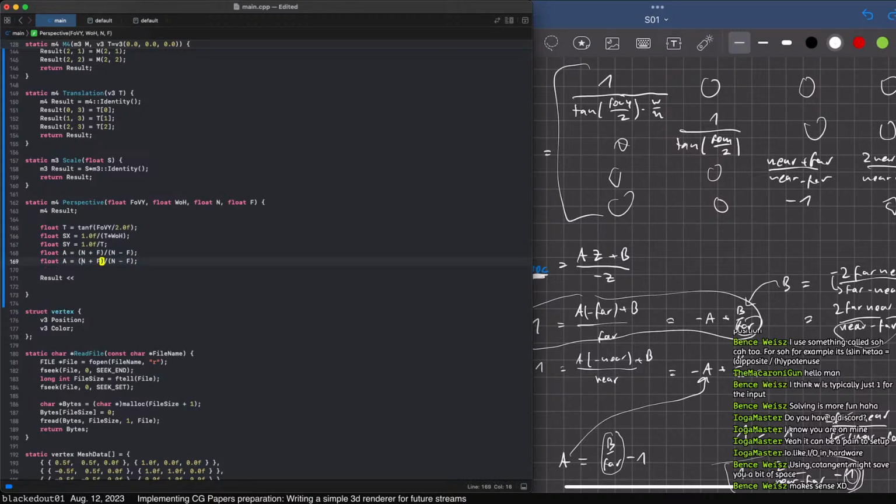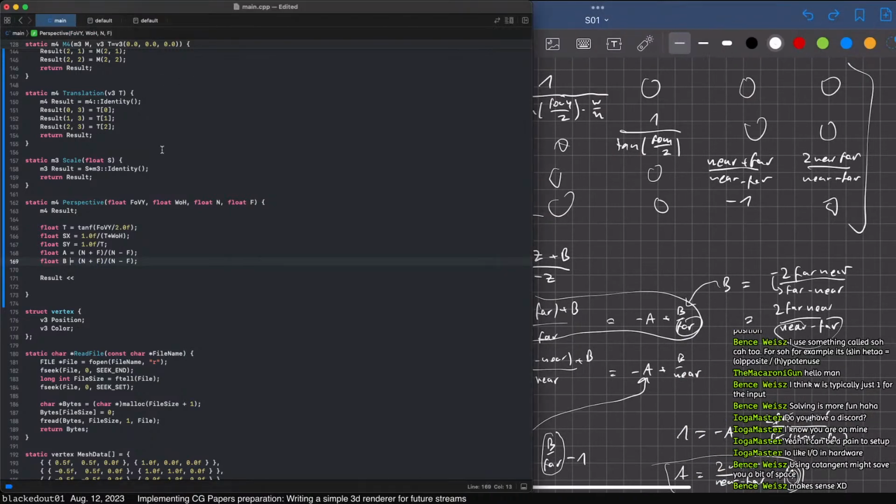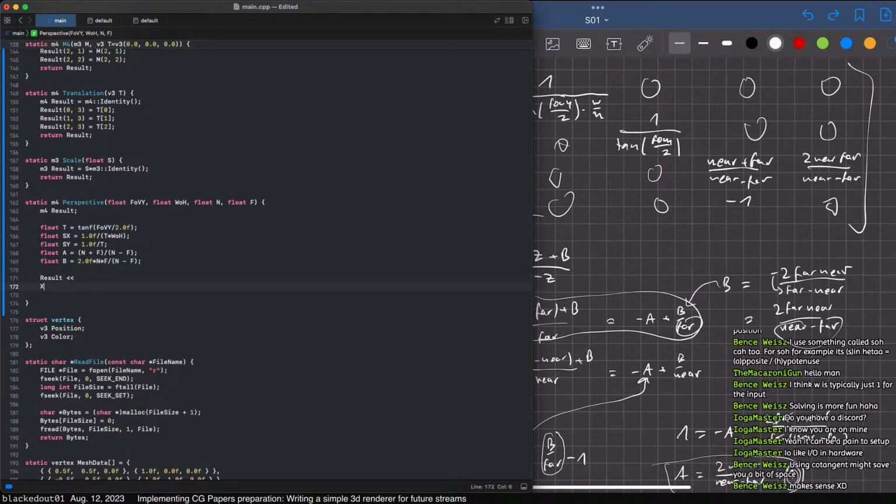And then b, this is 2 times near times far, divided by near minus far. Okay, and now I can input these here.